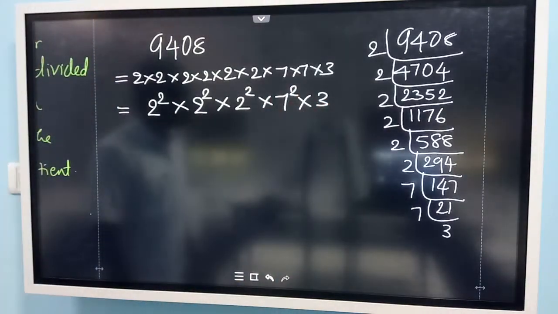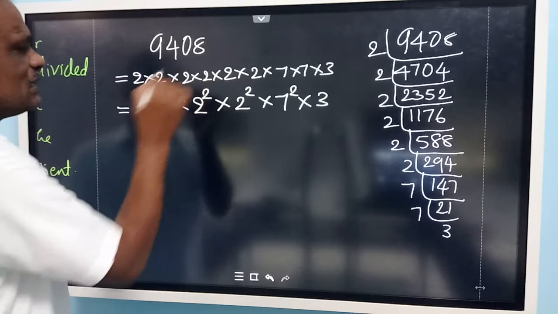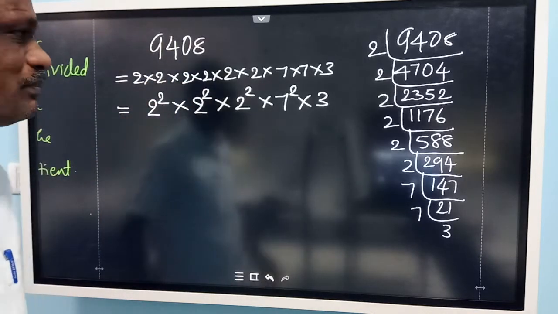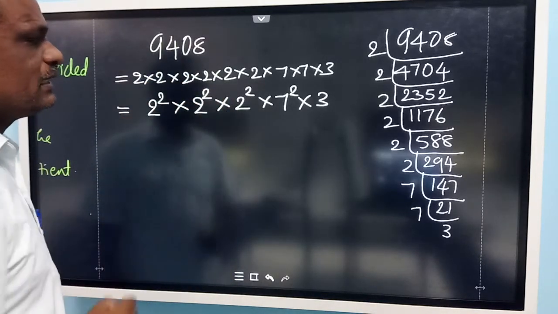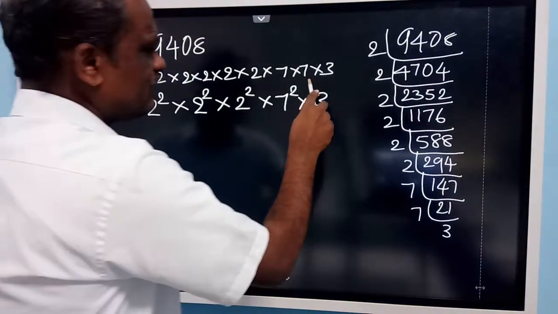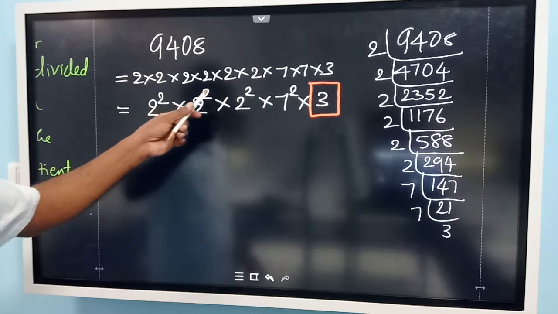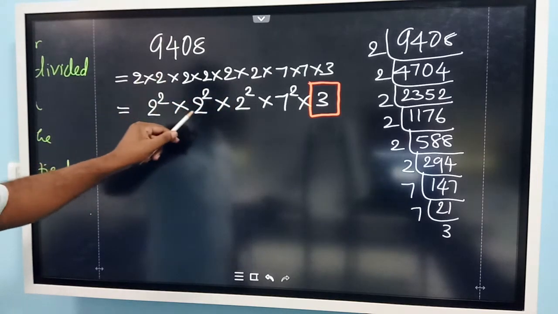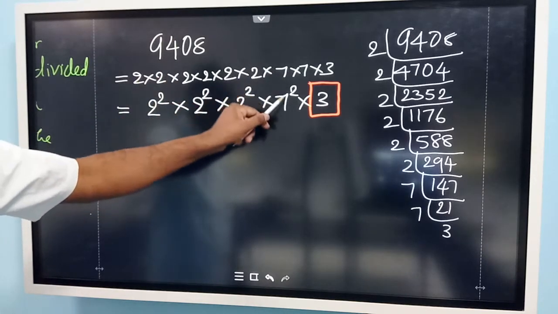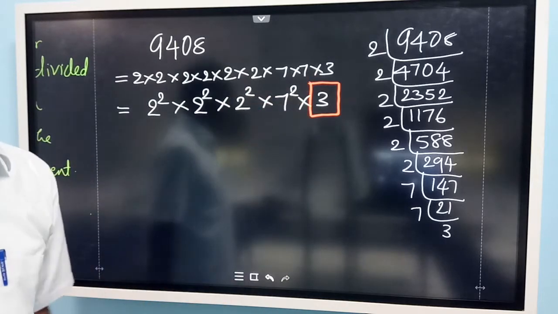Look at the prime factorization of 9408: all factors are in pairs except the number 3. So 3 is not in pair.